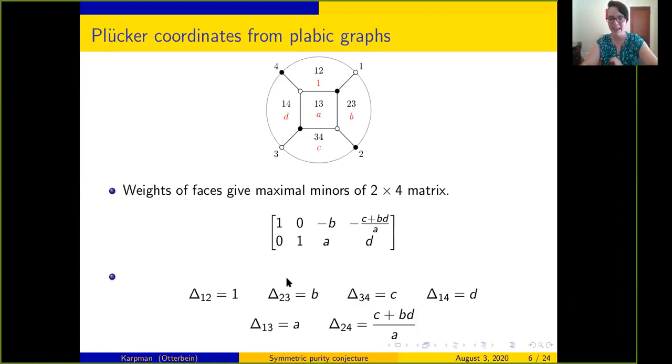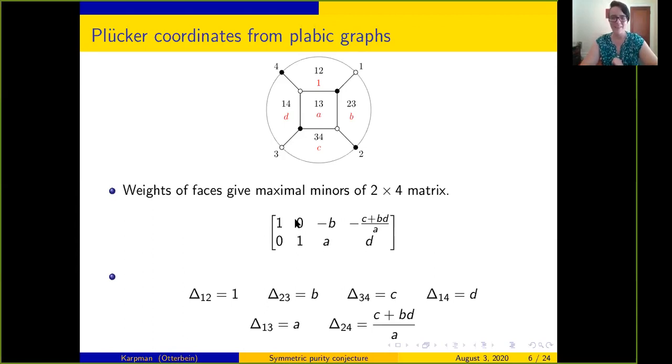Here I've gone ahead and worked out all of the minors of this matrix. The only one that you can't read off directly from the graph is the one that you get by taking columns 2 and 4 of the matrix.